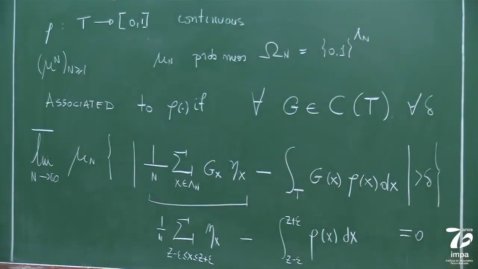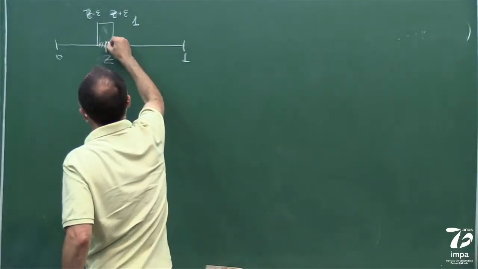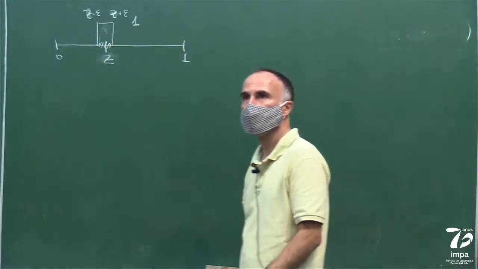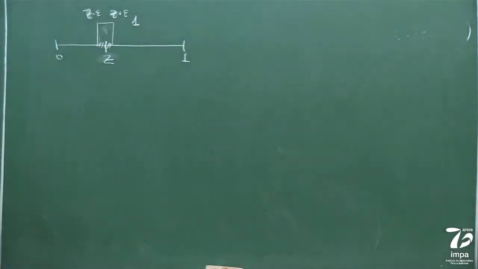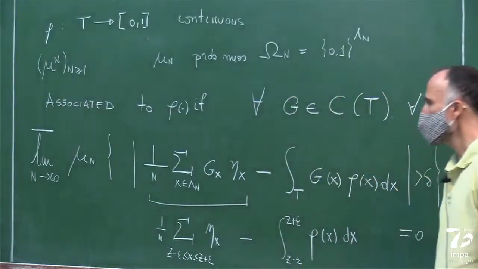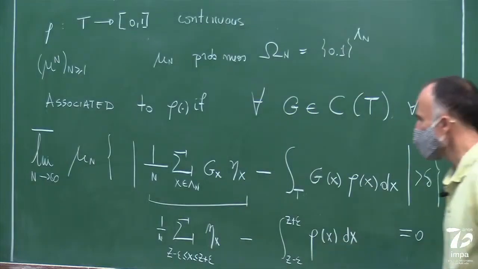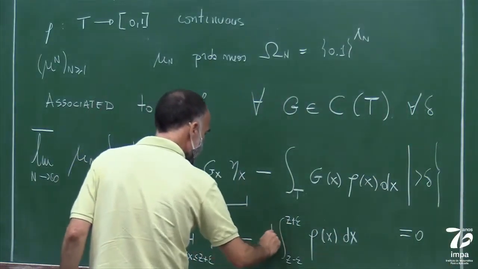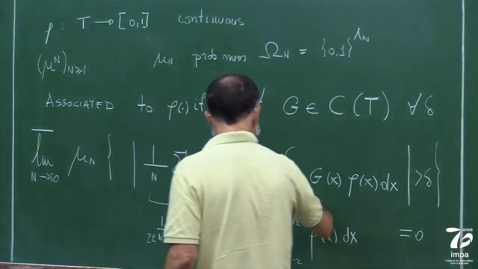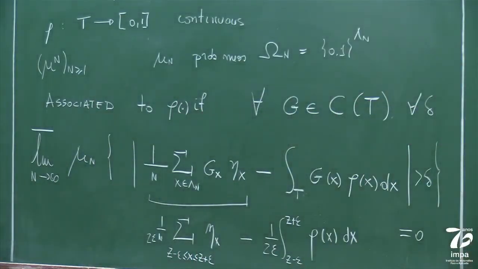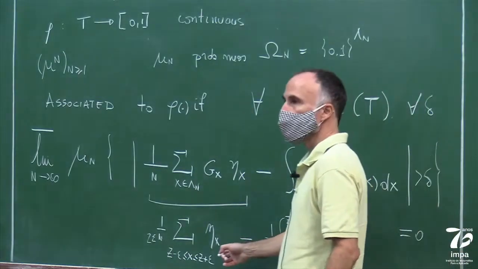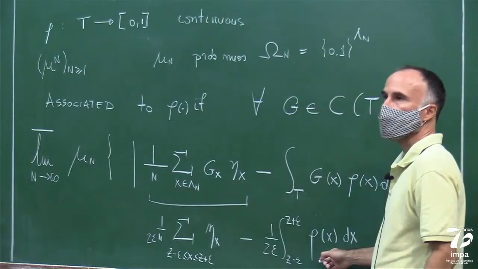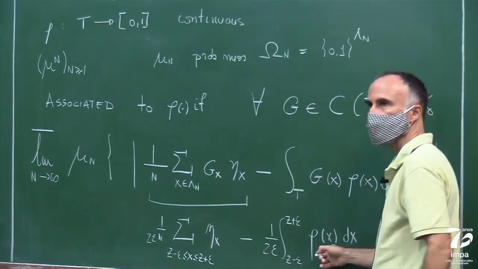So this is saying that the average number of particles in this interval, the density of particles in this interval, is very close to this one. In particular, if I divide that by 2 epsilon on both sides, I have exactly the density of particles. And what I'm saying is that the density of particles is very close to rho, it's continuous, so this is very close to rho of z.